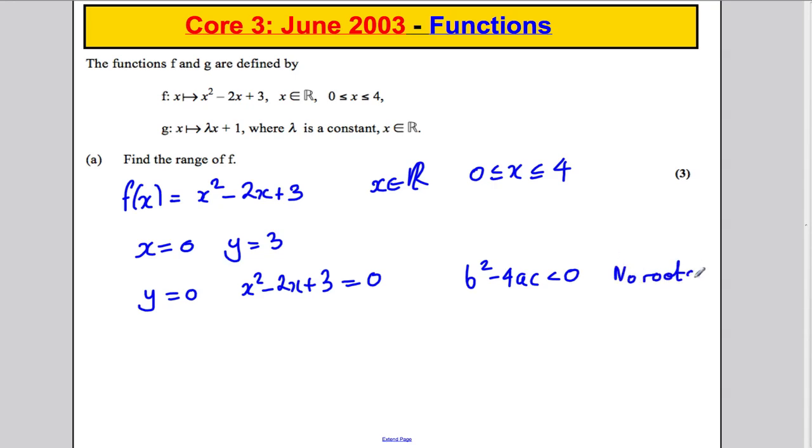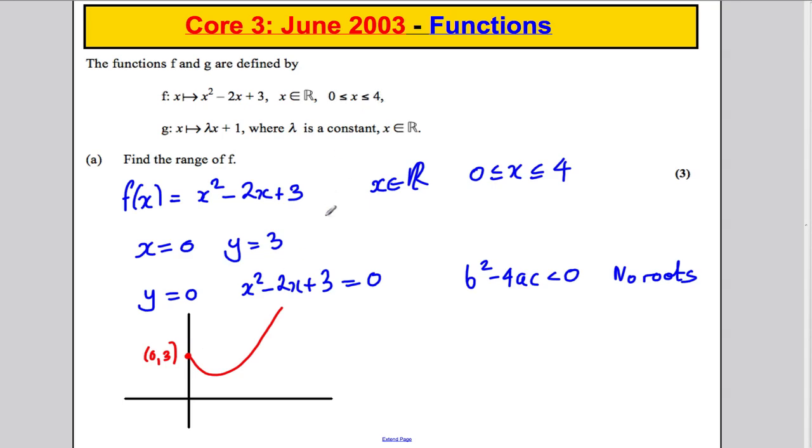So it doesn't actually cross the x-axis. So let's have a go at drawing it. We know that it crosses here at 0, 3. It doesn't have any roots, and it must therefore just go up like that afterwards because it's U-shaped.